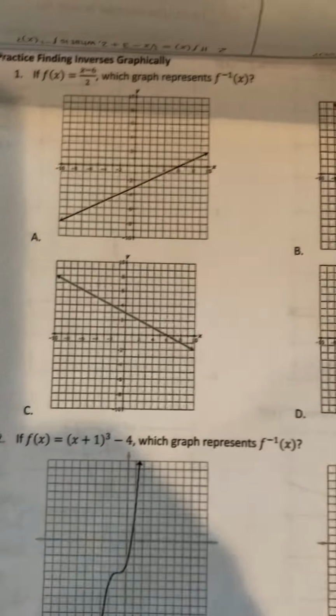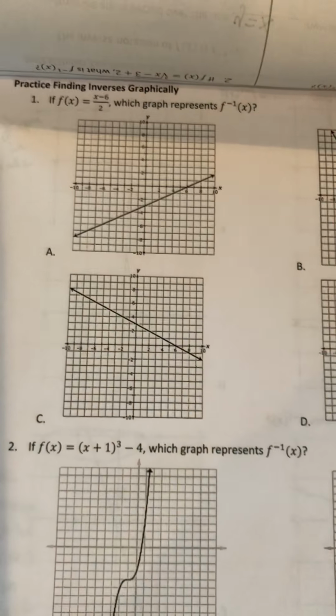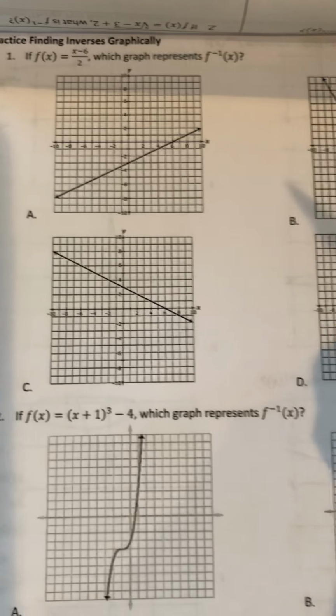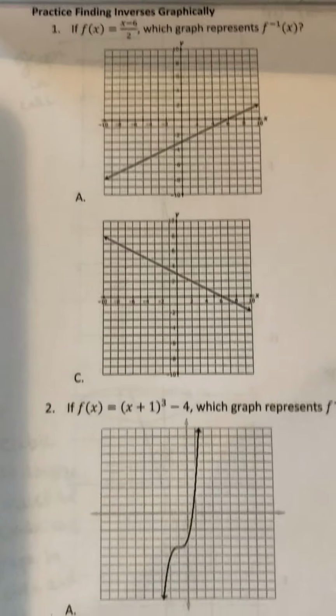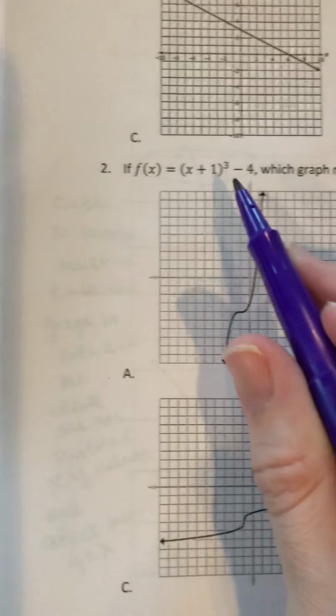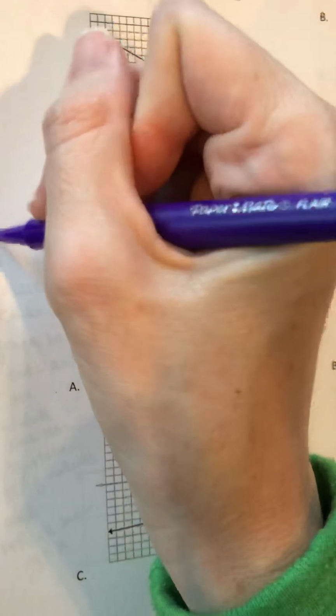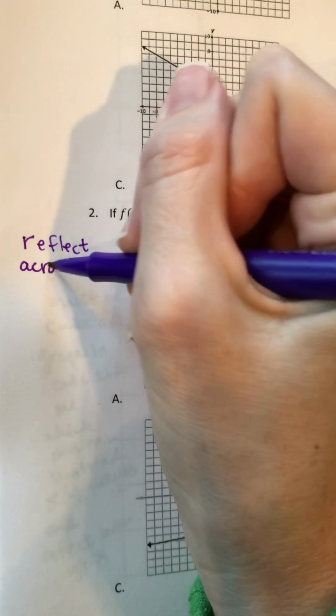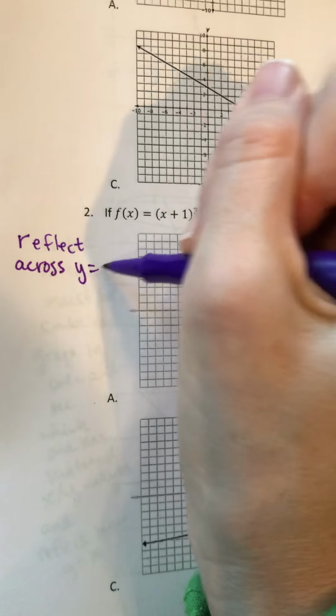So next we're going to look at finding inverses graphically. To find the inverse of a function graphically, you want to think primarily about, and I'm going to look at number 2 because that's the cubic stuff, the idea that it has to reflect across the line y equals x.